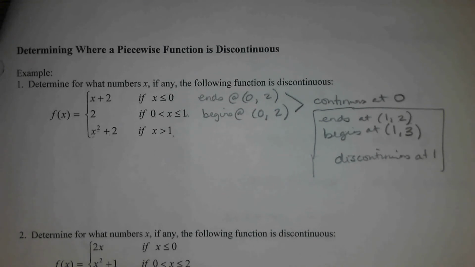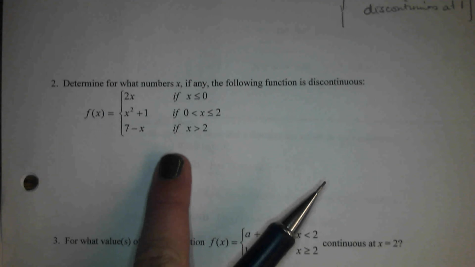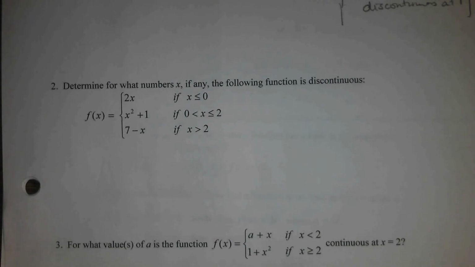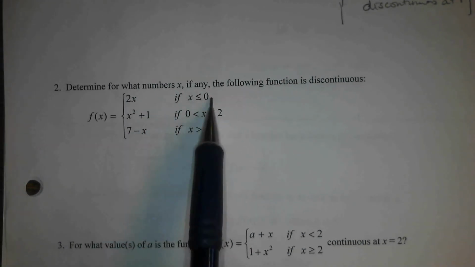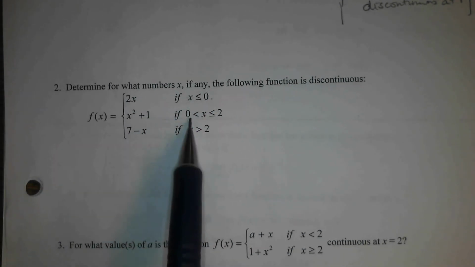Okay? What points would we check here? What do you think, Bean? Which points would we have to check? Well, we're checking 0 because this function ends at 0 and this one begins at 0.